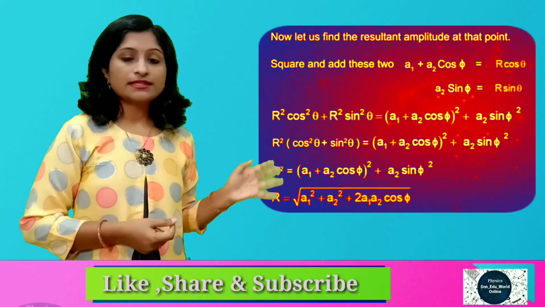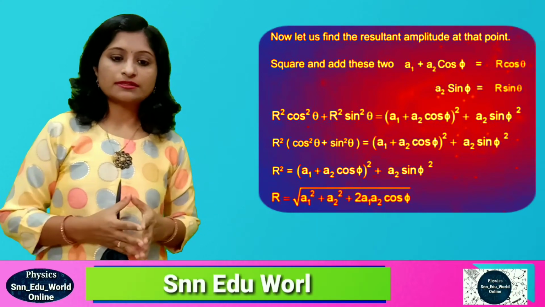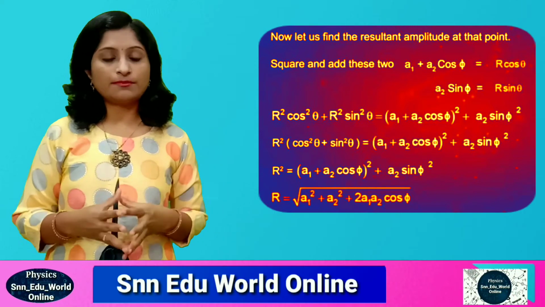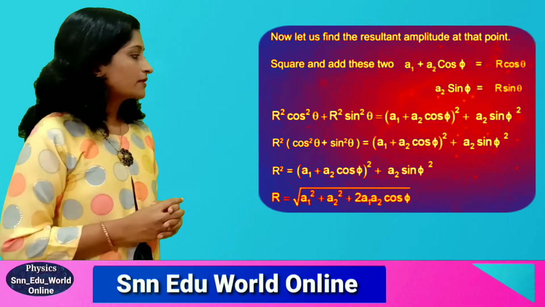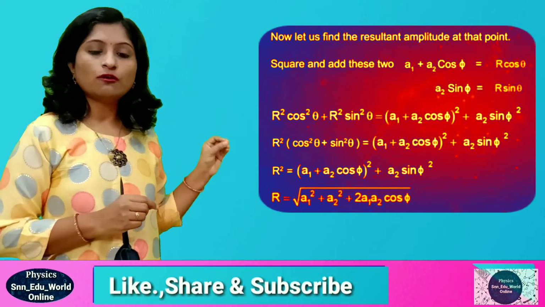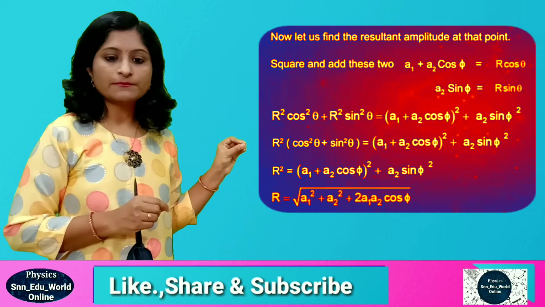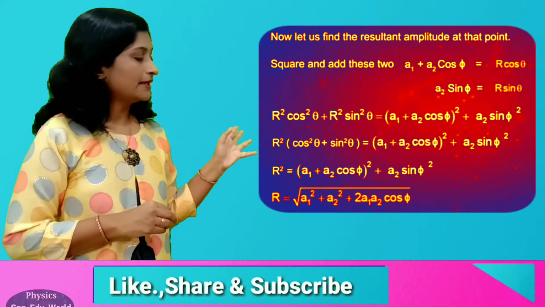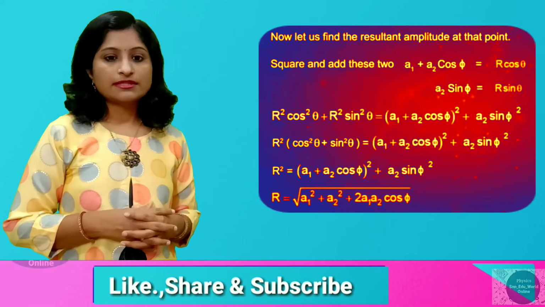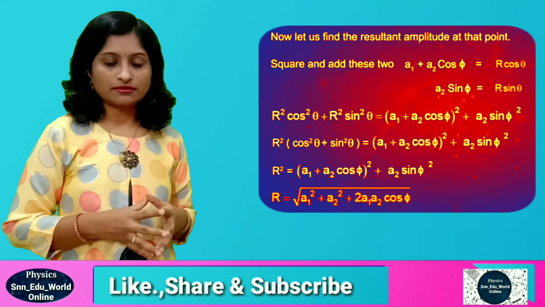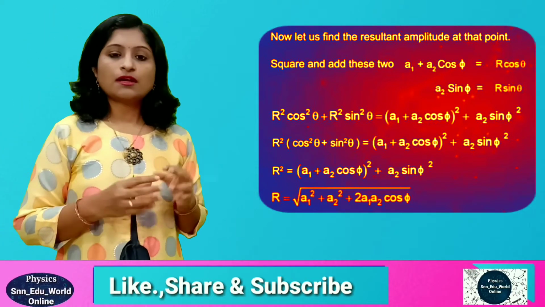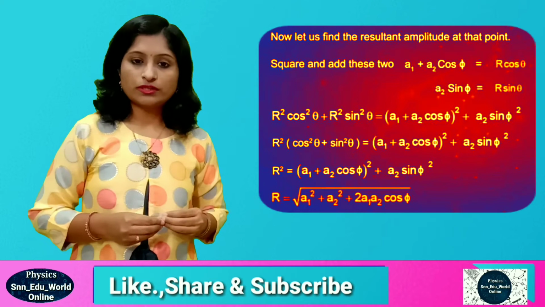Next, see this slide. Here we consider how to find the value of R, the resultant amplitude. For this, the value of a1 plus a2 cos phi is R cos theta, and the second one, a2 sin phi, is R sin theta. We square and add these two equations.